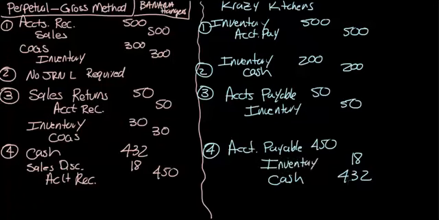Basically, when we take a cash discount, it's not a lowered expense. It goes all into inventory. Again, this is all part of the cost of getting the inventory, or less cost in this case, of getting the inventory ready to sale. So these are the journal entries under a perpetual system using the gross method for cash discounts for both the buyer, Crazy Kitchens, and the seller, Banana Hangers.